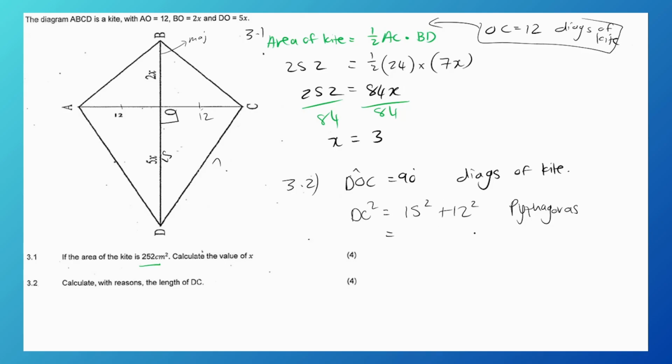Then, when we add all of that together, we're going to get 369. We take the square root, because that's how you get rid of a square, and you'll get 3 square root 41, which is 19.21. And then we just double check, were we given any units? Yes, actually we were. There were centimeters squared there, so this is centimeters. And then you're done.